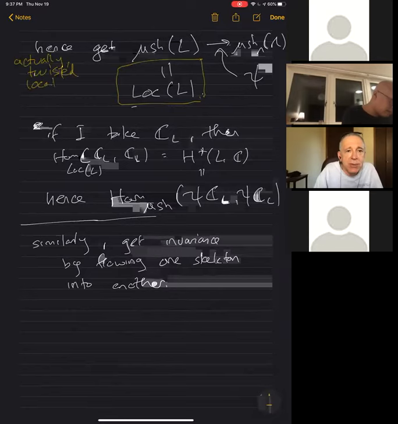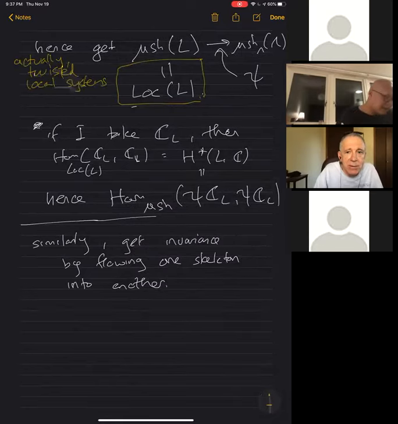And maybe I'll say in a second something about the twisting and how it arises. It's twisted local systems, twisted by some kind of Maslov obstruction.